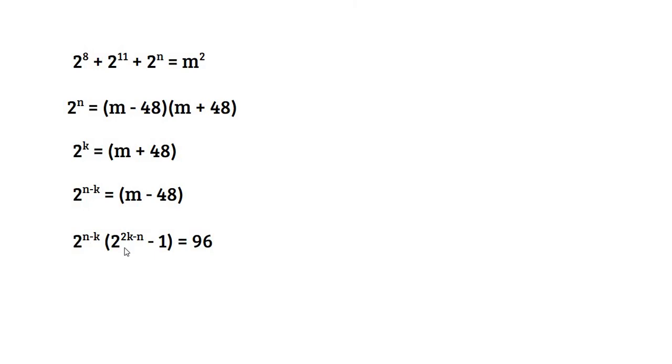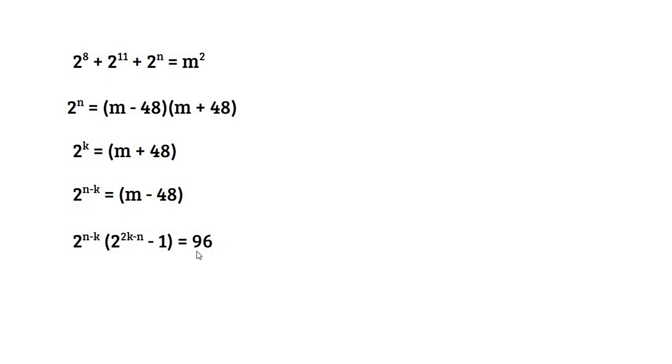Well, we know that these two are factors of 96 and that they're positive whole numbers, and we also know that this factor is a power of 2, and this factor is an odd number, which is a power of 2 minus 1. So let's see a factor of 96 like that.